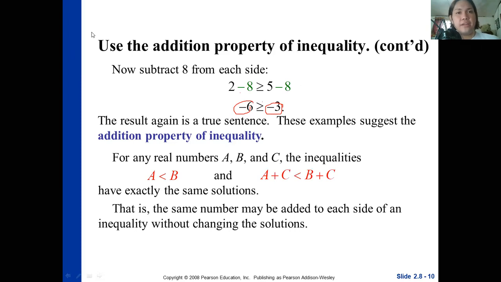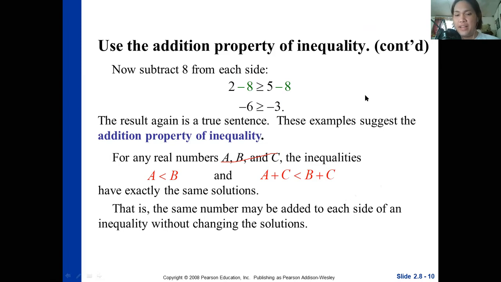For any real numbers A, B, and C, the inequalities A less than B and A plus C less than B plus C have exactly the same solutions. So the same number may be added to each side of an inequality without changing the solutions.